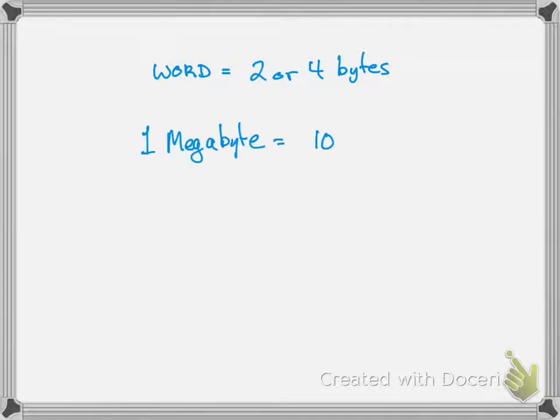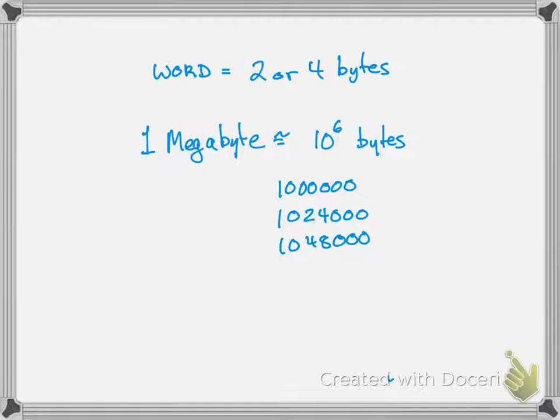A megabyte is approximately 10 to the 6th bytes. This is not an important point, but due to historical definitions, a megabyte is sometimes a million bytes, and sometimes it is 1024 times 1024, about 1,048,000 bytes, but it's approximately a million bytes.